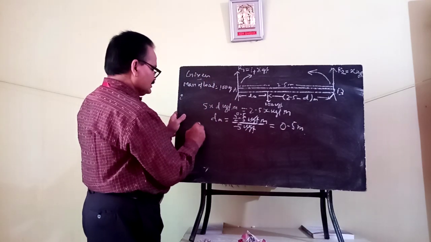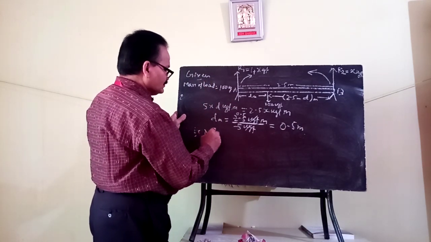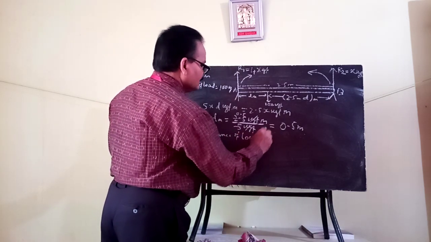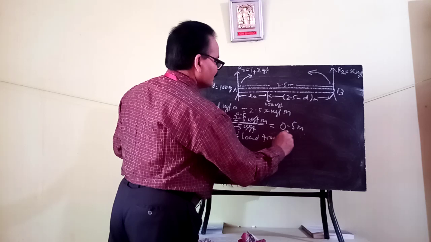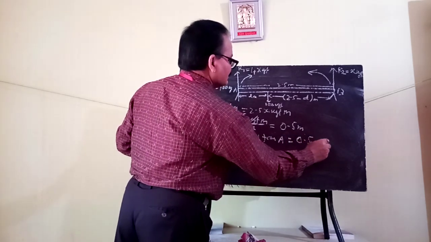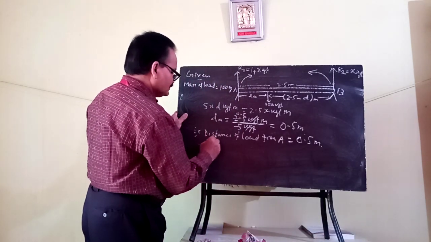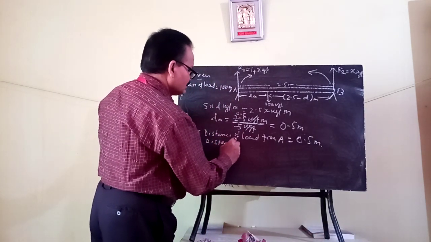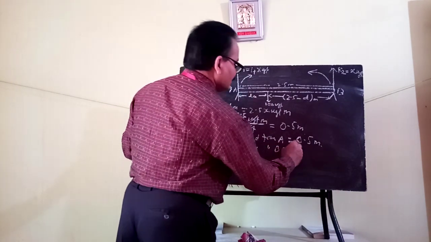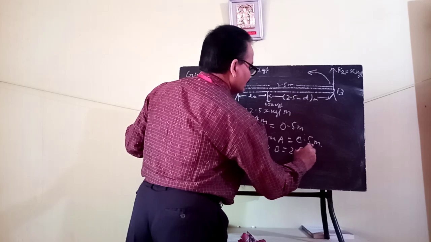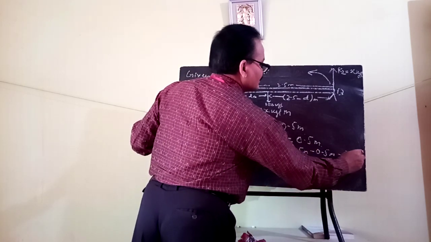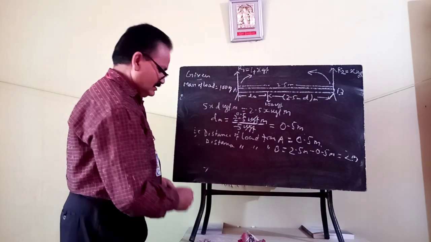So the distance of the load from A is 0.5 meter and the distance of the load from B is 2.5 meter minus 0.5 meter equals 2 meter. Okay?